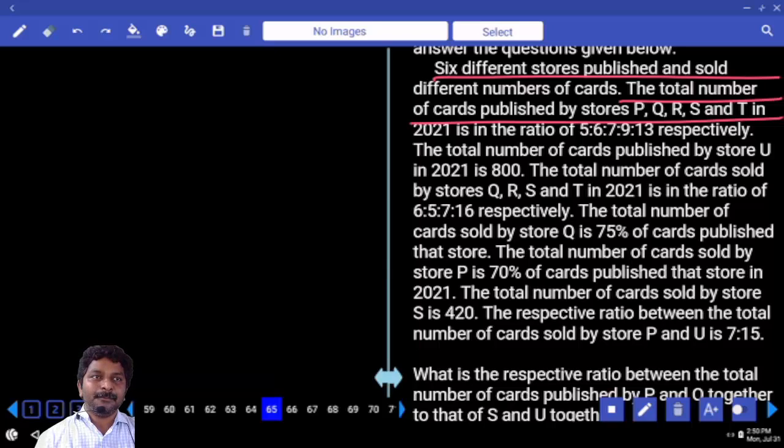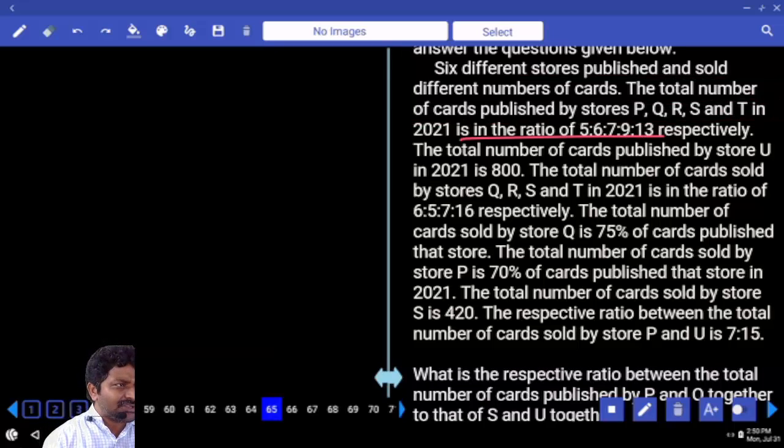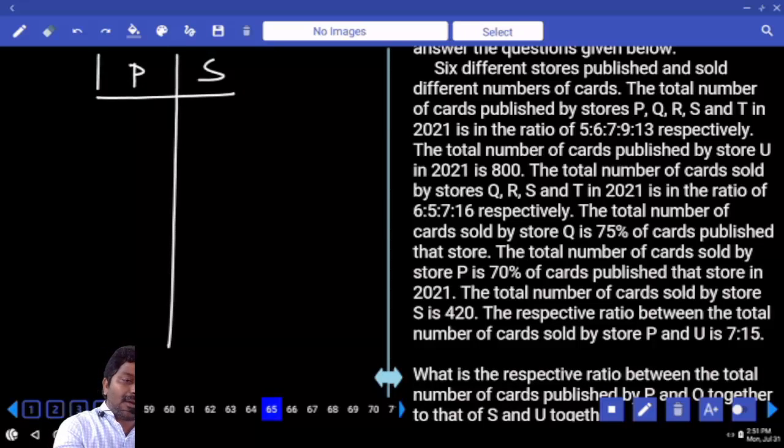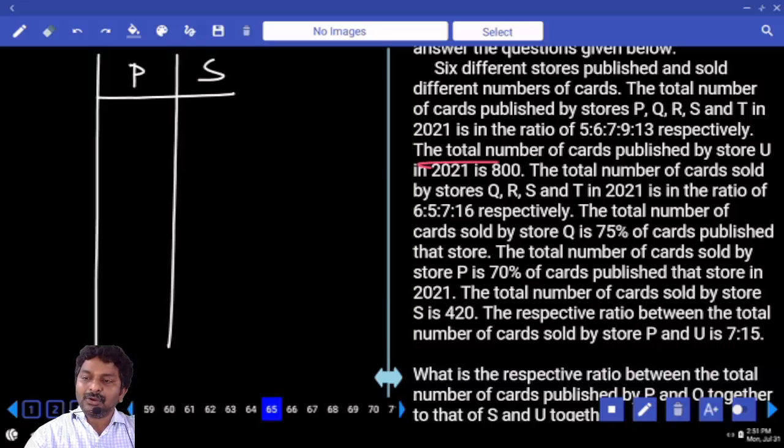How many stores did it say? 6. How many have come? Read without panic. It is just a number, reading it gives us nothing and takes nothing away. Don't read it. If there is any particular number, then we need to concentrate. I'm just concentrating on the data part. 6 stores are there. We have data regarding published and then sold. Now what are those 6 stores? That's what I need to know. PQRST, 5 are there. One more is there. The total number of cards published by store U is 800.